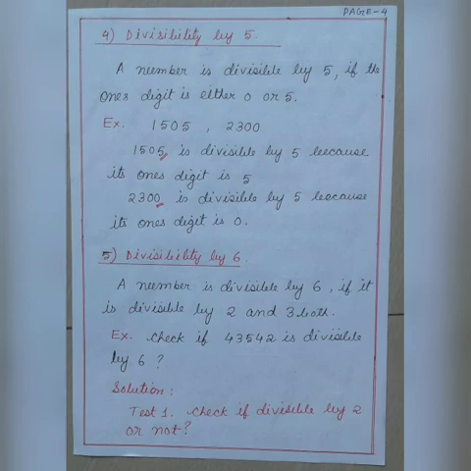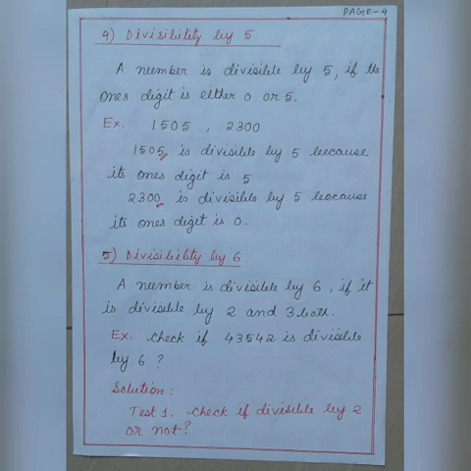Exercise, check if 43542 is divisible by 6. For this solution, I shall perform test number 1, that is, check if the number is divisible by 2 or not. How to do that? We shall check the last digit of the number.